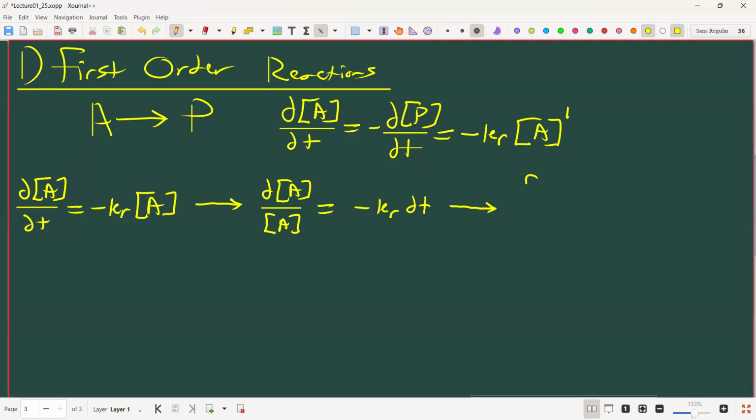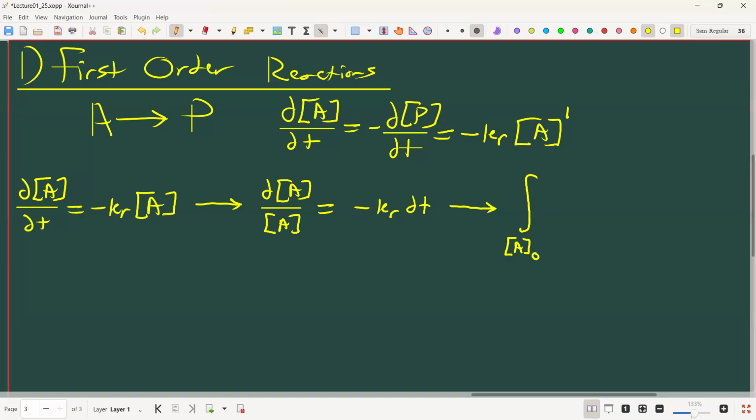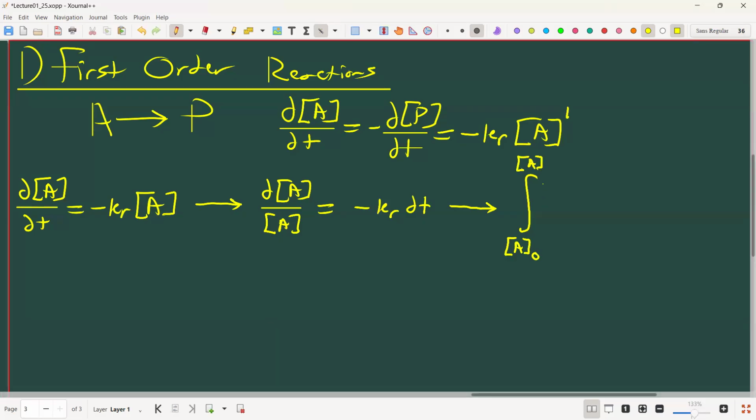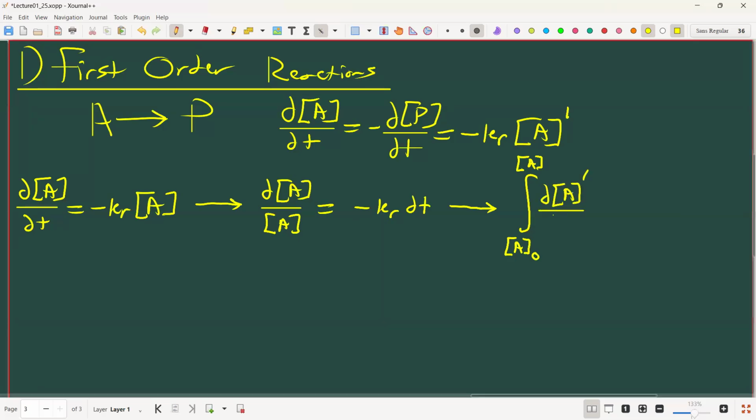So I'm going to integrate the left side with the lower bound being the initial concentration of A to the final concentration of A at some time. And I'm going to change the interior to a dummy variable, so as not to confuse.